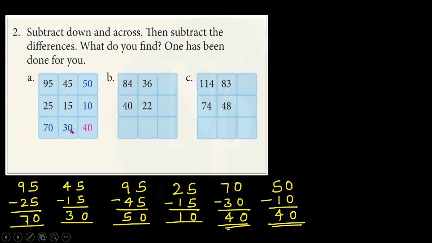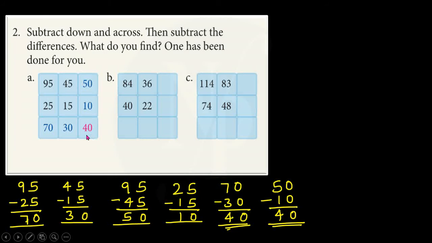So, when you subtract these differences across and down, you get the same number. That is what we find. When we subtract these differences across and down, we get the same number as difference.